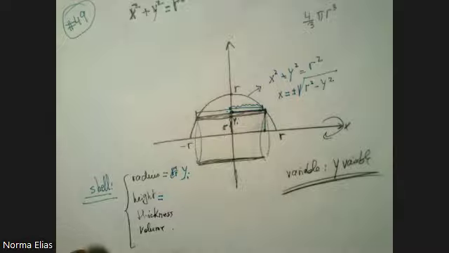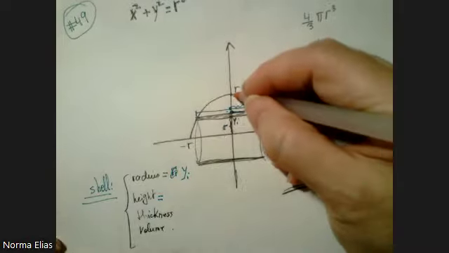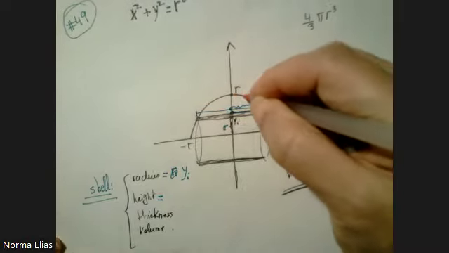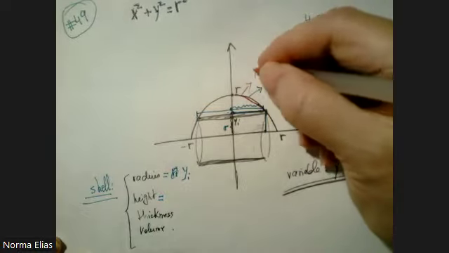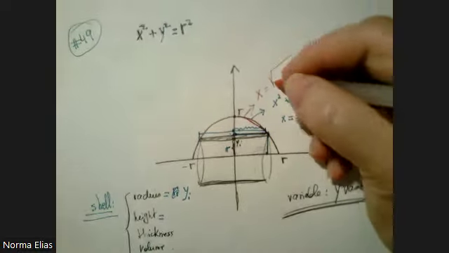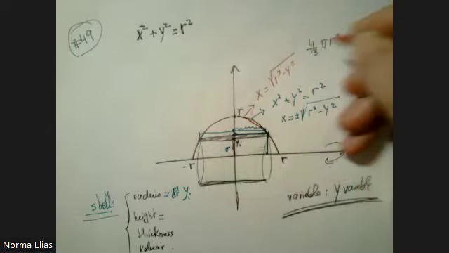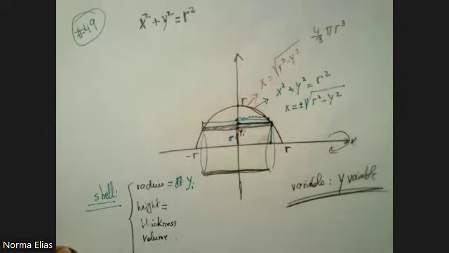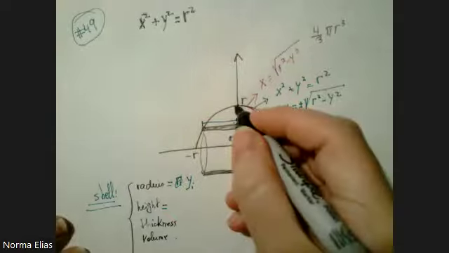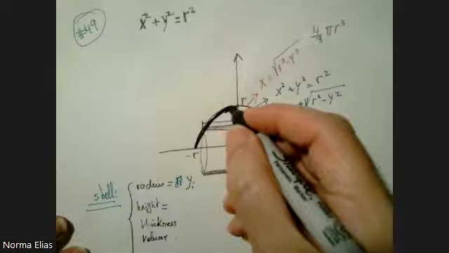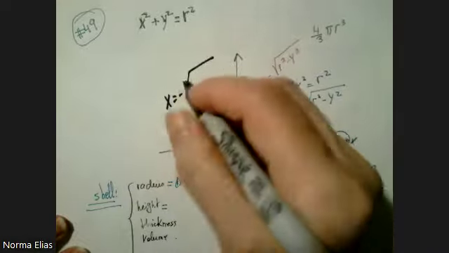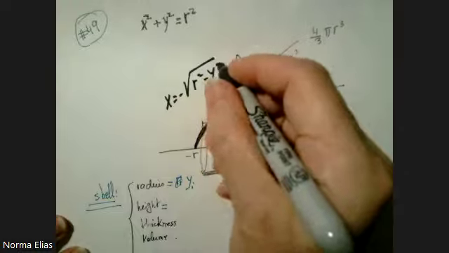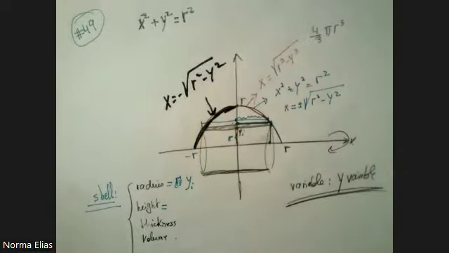Now we have an issue, but it's not really a big deal. This piece, the red piece, is the positive square root, and the other one that I'm going to highlight is the negative square root, because x is negative here.